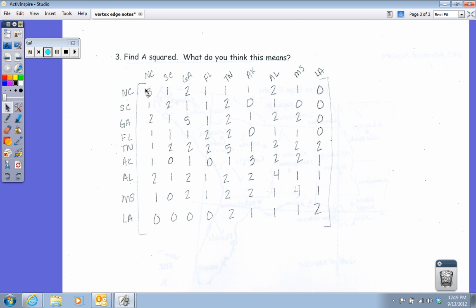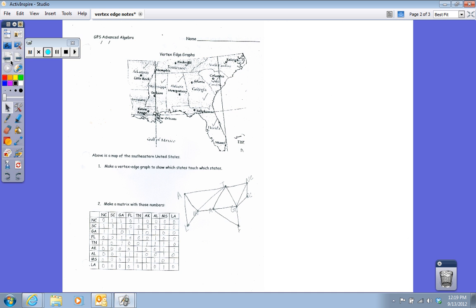Let's look at what that means. North Carolina could visit itself by going to Tennessee and then coming back. That's one trip. North Carolina could visit Georgia and come back. That's another trip. North Carolina could go to South Carolina and come back. That's another trip.